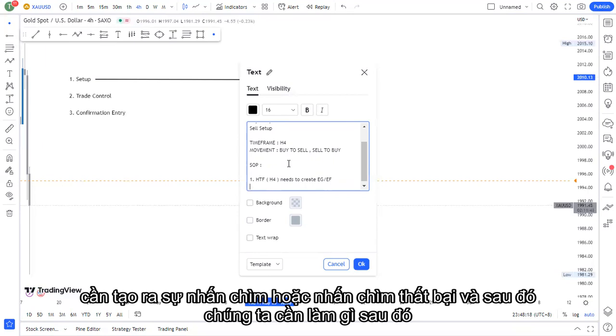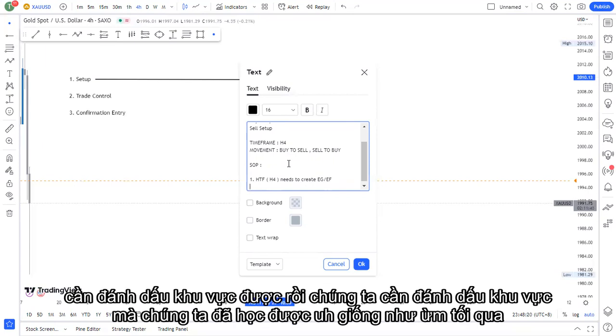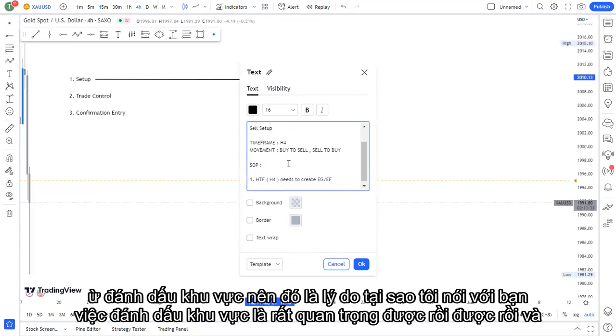After that, we need to mark the zone, the one that we learned last night. That's why I say marking the zone is very important.